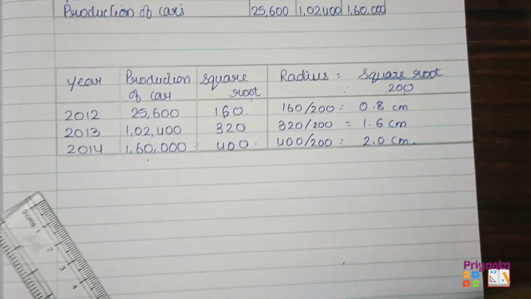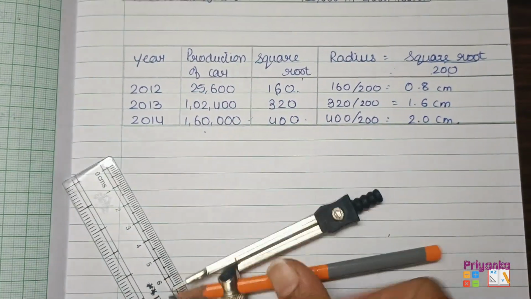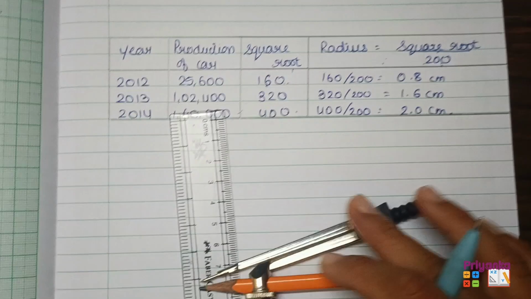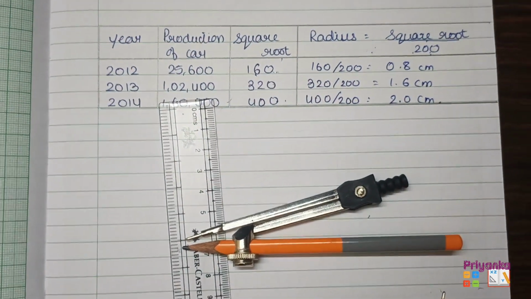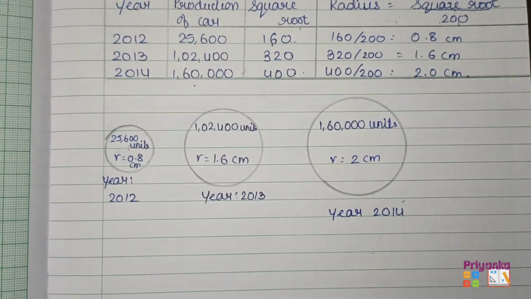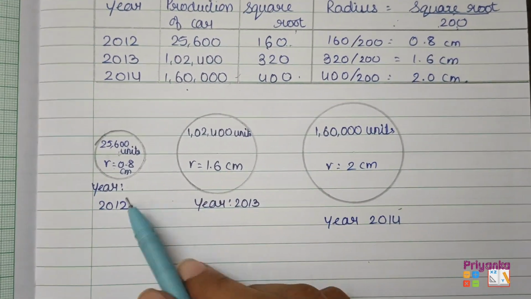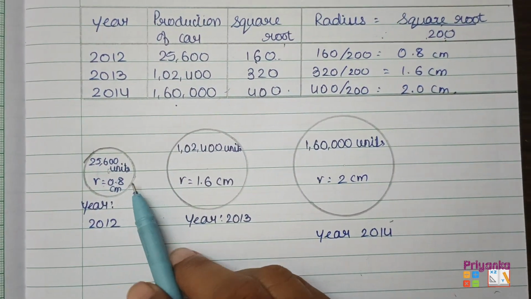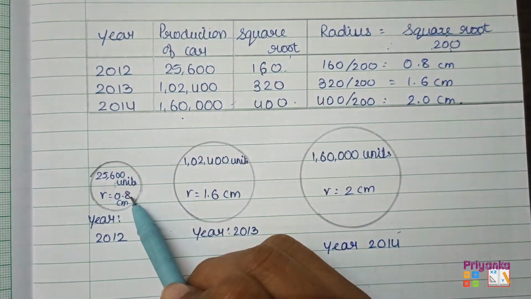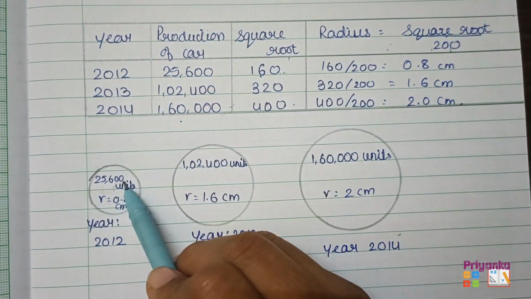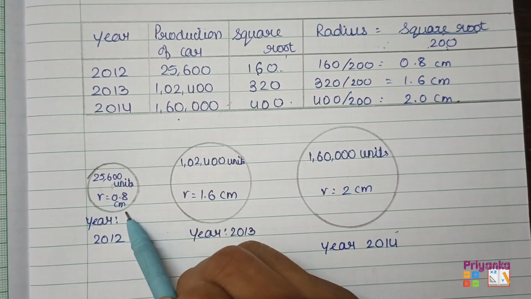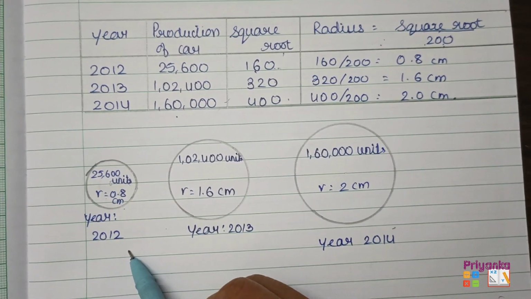So first of all, take the rounder and make a margin, take the measure of the centimeters and prepare your circles. After taking a measure on the rounder, make a round circle, something like this, and after this you have to write down what you are showing in the circle, that is 25,600 units with the radius 0.8 centimeter for the year 2012.